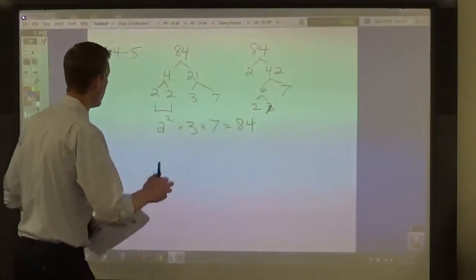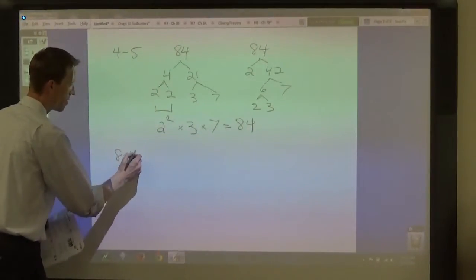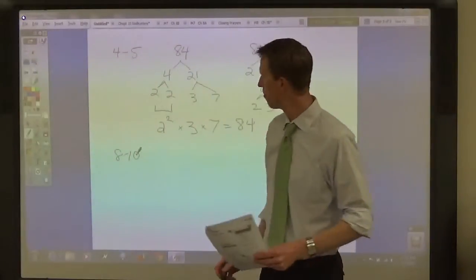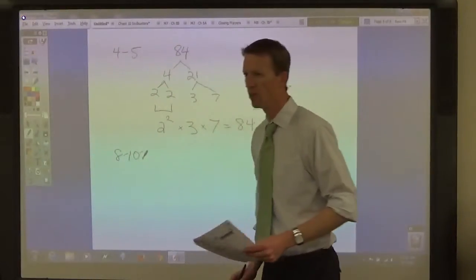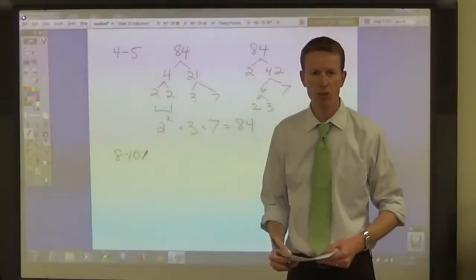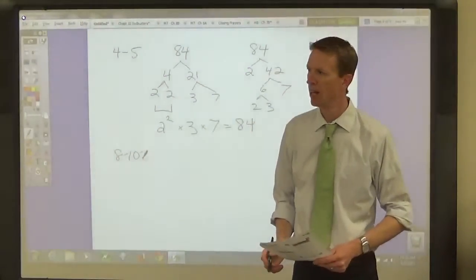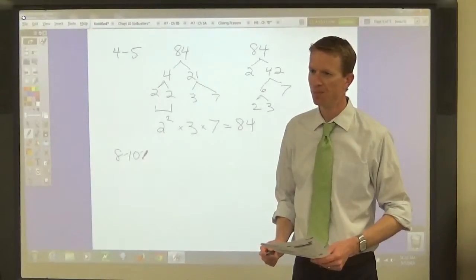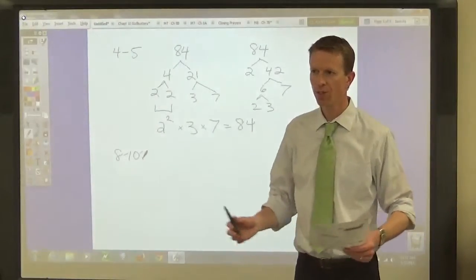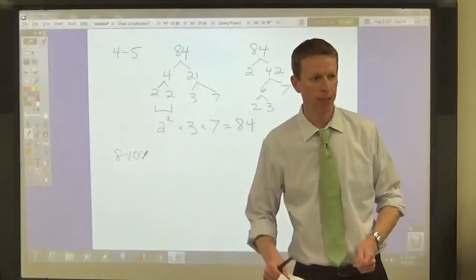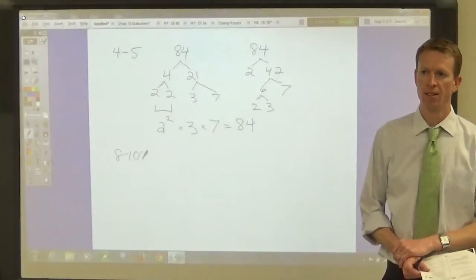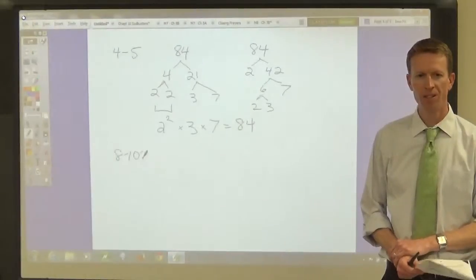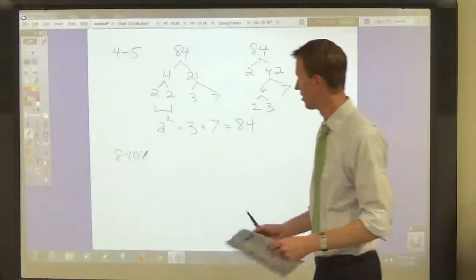In 8 through 10, it asks you the height of these different things, measuring using metric units. What are some metric units? Some examples of metric units for measuring. Are inches metric? No. What sort of units would we use to measure in metric? Anybody remember? Meters.